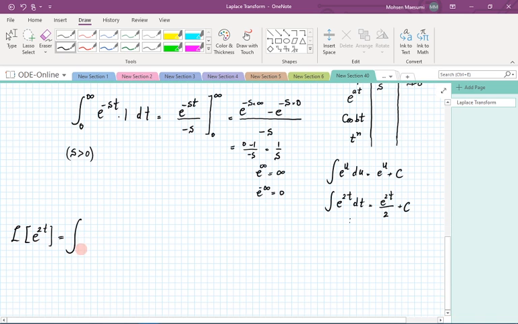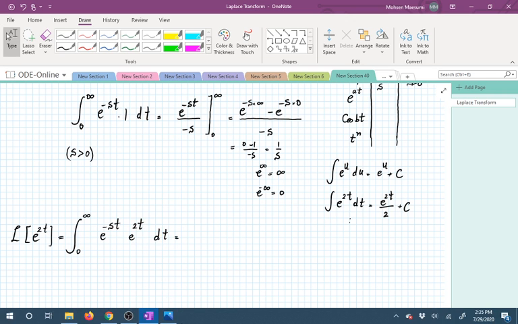Well, what does that mean? By definition, that's the integral from 0 to infinity of exponential of minus st times exponential of 2t, that's my original function, times dt. Okay, let me see if you can go ahead and calculate this integral in a matter of a few seconds.